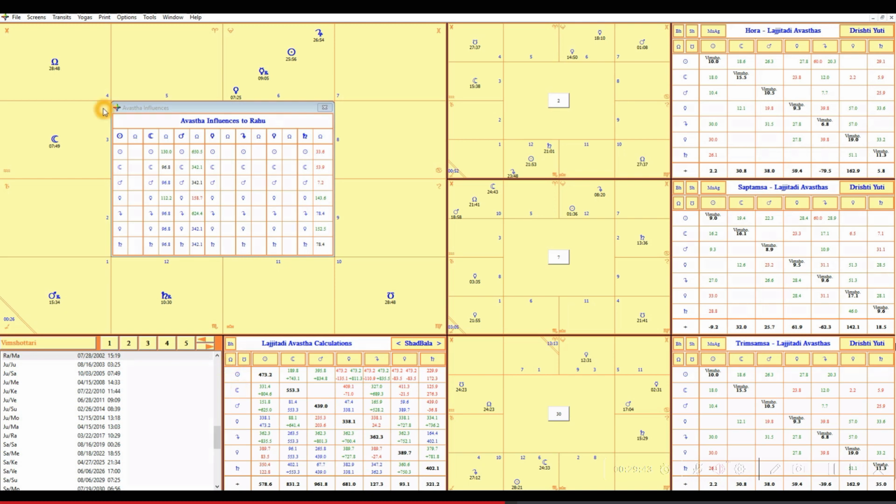Then the Rahu and Ketu, we simply take Rahu and we see the influences. Sun doesn't influence Rahu at all. Causes no aspect, no conjunction. The moon influences Rahu in a delighted way, and Mercury also in a delighted way. Mars influences Rahu sometimes in a delighted way and sometimes in a negative way.